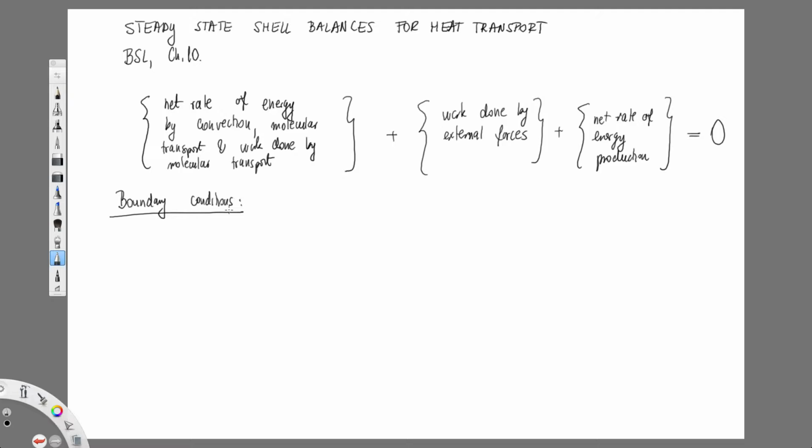That's basically setting temperature to a specific value on a surface. The second thing that I could specify is a flux that is normal to that surface.